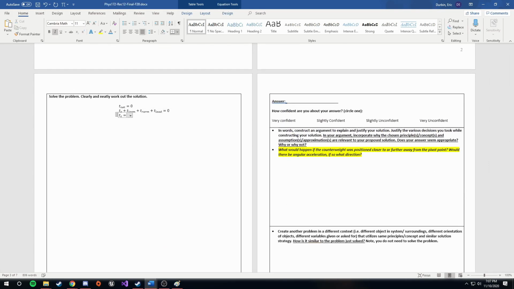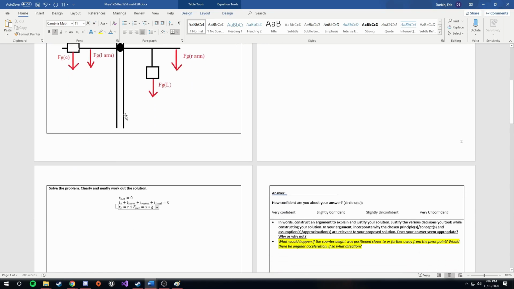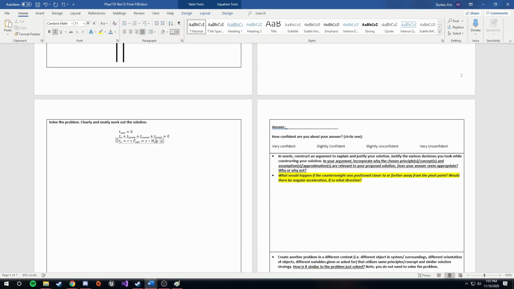Anyway, torque of the counterweight is R cross the net force. That would be x times mass times gravity. Oh, except we have to make it fancy. Mass of the counterweight is mc. That's what we are.